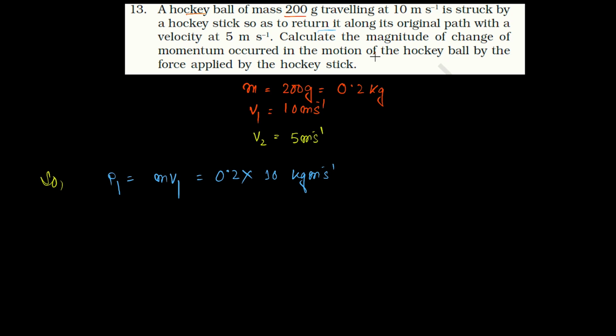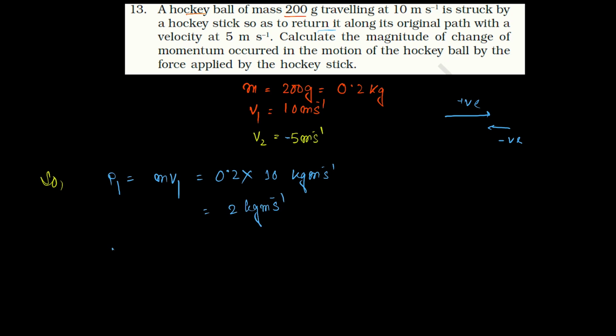When the hockey stick hits the ball, it moves in the opposite direction to its original direction. That means v2 is going to have a negative sign. If the ball first comes in one direction, and once hit it moves in the other direction, then if the first is positive, this is negative. So v2 is negative. If we solve that, we get 2 kg meter per second.